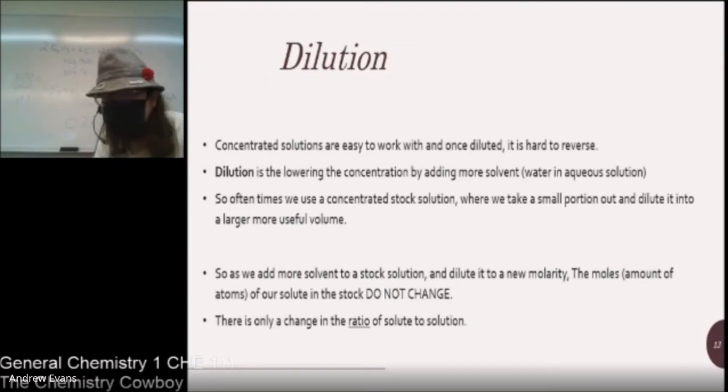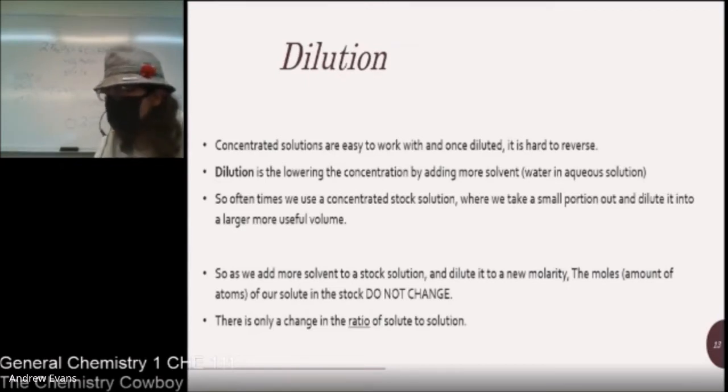And I have X amount of moles sitting there in the beaker. When I add more solvent and dilute this to the new molarity, the total amount of atoms of acid do not change. The ratio of acid to water does, but the total amount of acid atoms do not change.